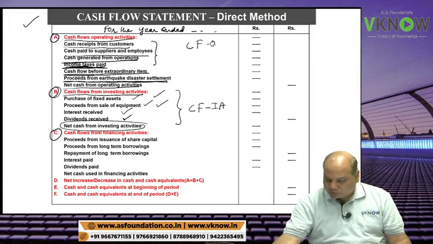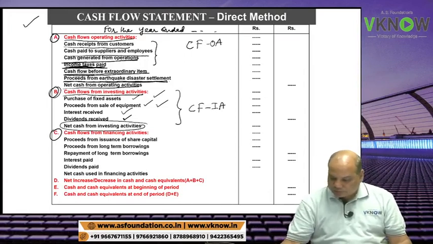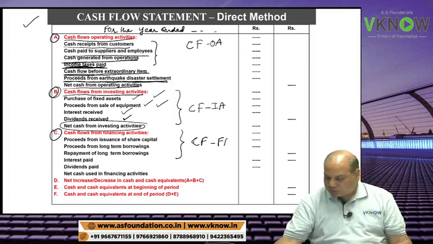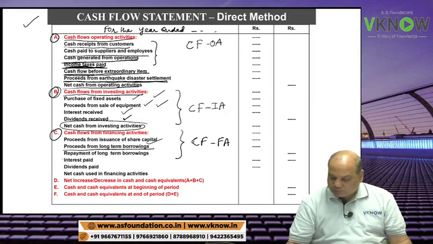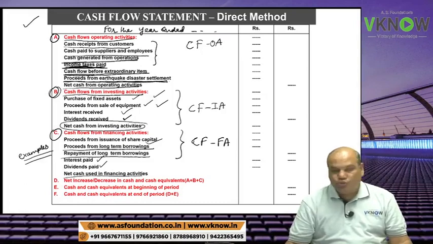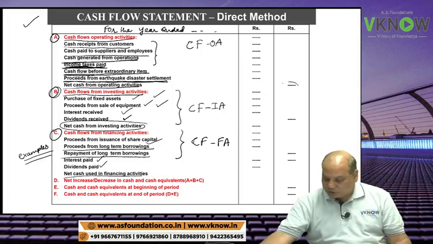Then we have cash flow from financing activity: proceeds from issuance of share capital, proceeds from long-term borrowing, repayment of long-term borrowing, interest paid, dividend paid. These are only examples. You can have many more things. And then net cash used in financing activity.